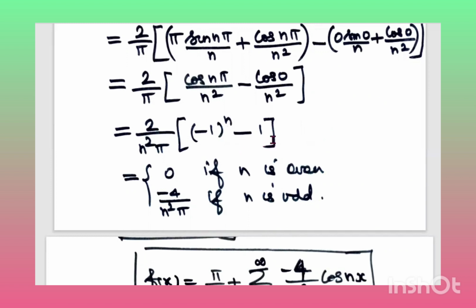Minus 1 power 4 minus 1 will be 0. If you are taking any even number for n, the term will be 0. So if n is even, the answer is 0.